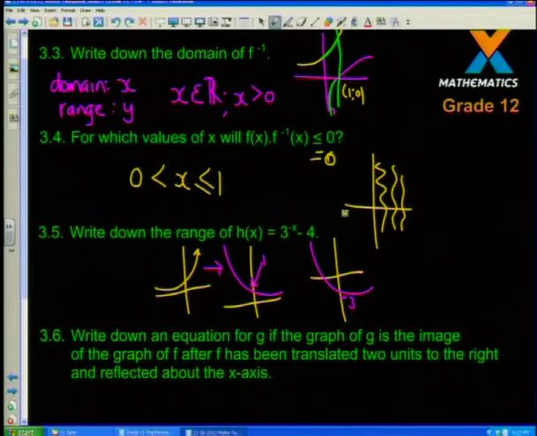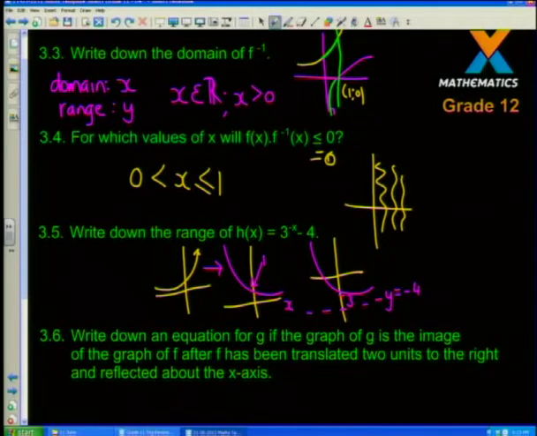Now it says, write down the range of that graph. Remember that this graph was asymptotic to the x-axis. So this one has been dropped down by 4 units, so it is going to be asymptotic to the line y equals minus 4.